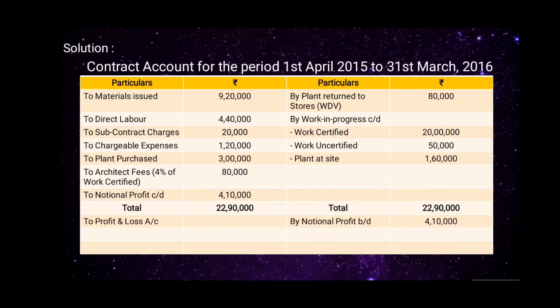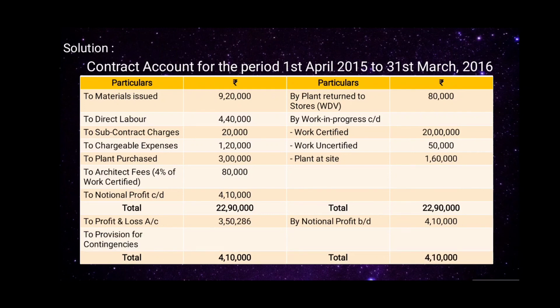So we'll record it to profit and loss account, amount is 3,50,286, and we'll take the total of both the side, which is 4,10,000 on the debit and on the credit side, and the balancing amount, which is coming on the debit side, will be provision for contingency. So to provision for contingency, amount is 59,714.